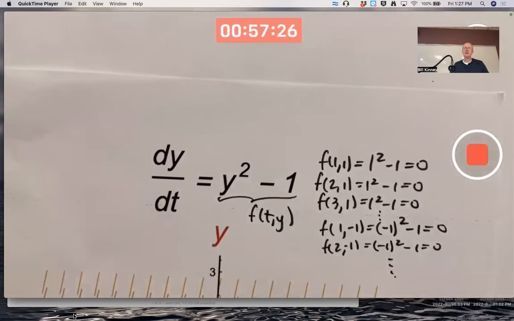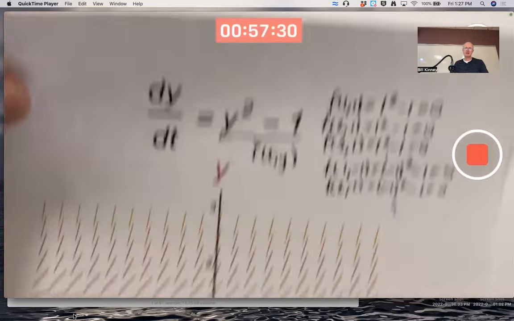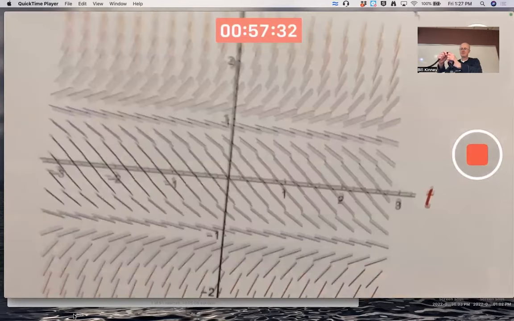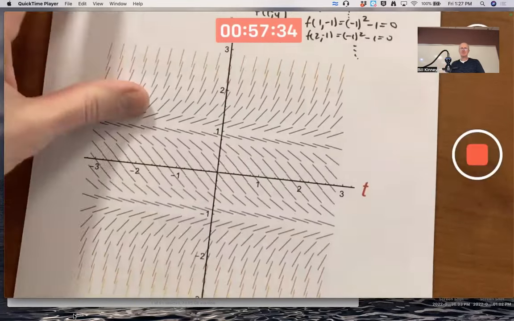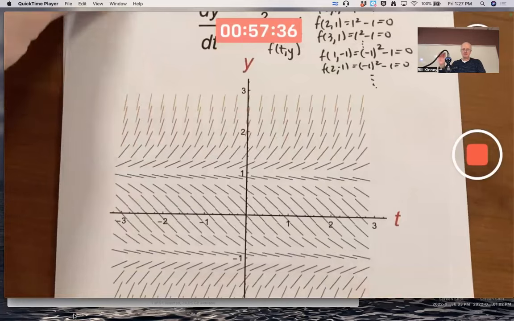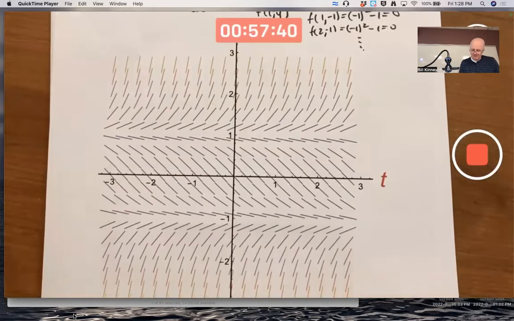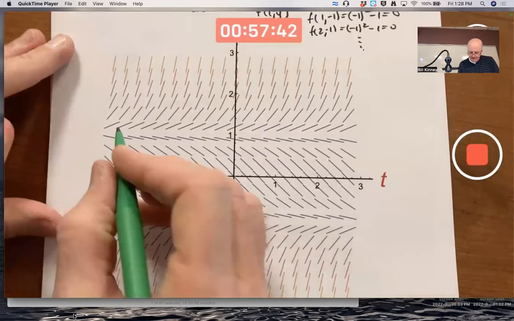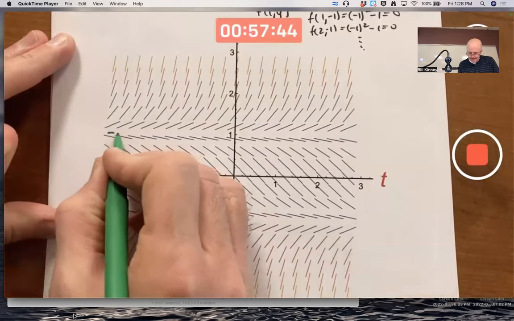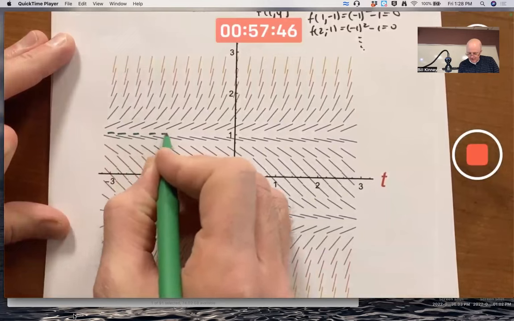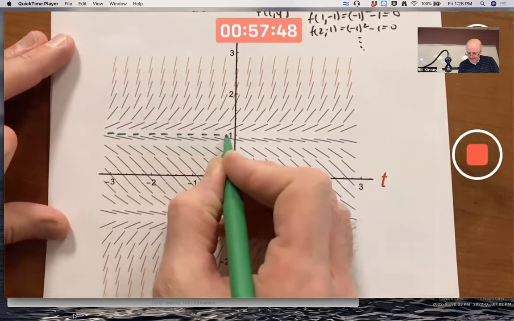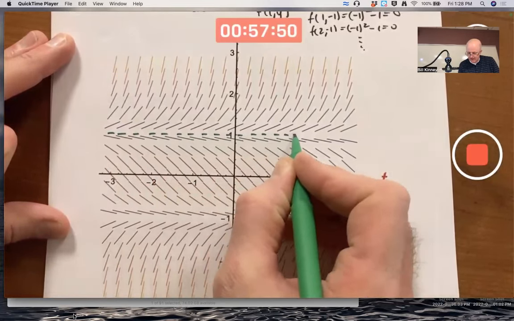Anyway, this slope field is constant along horizontal lines, not vertical lines. Here's what it ends up looking like. And you can see, it's not literally drawn, but it looks like it should be the case that along y equals 1, you'd have a bunch of horizontal lines, slope of 0.